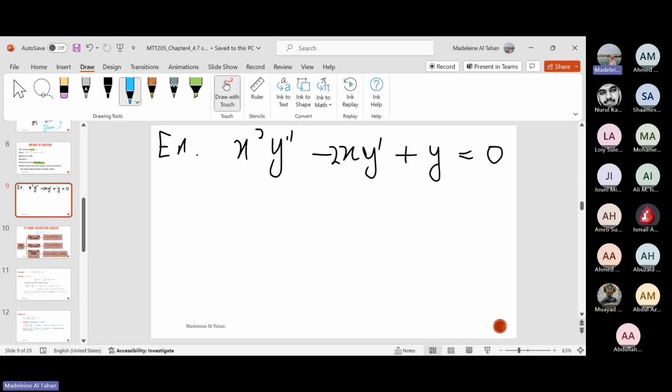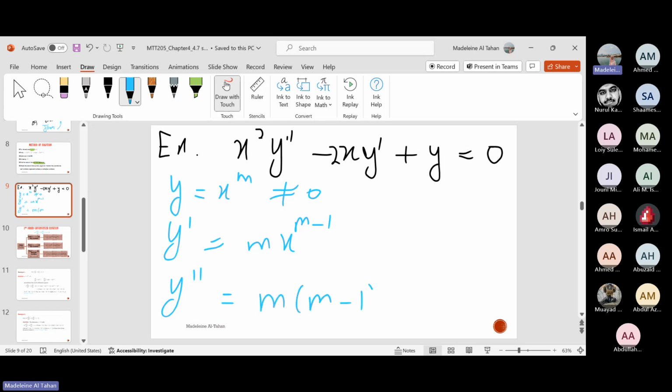So based on this one, we'll start with y equal x power m, x not 0, right? Then we'll find y prime, which is m x^(m-1), and y double prime, which is m into m minus 1 x^(m-2). And we will substitute. Can you please substitute them in the equation?